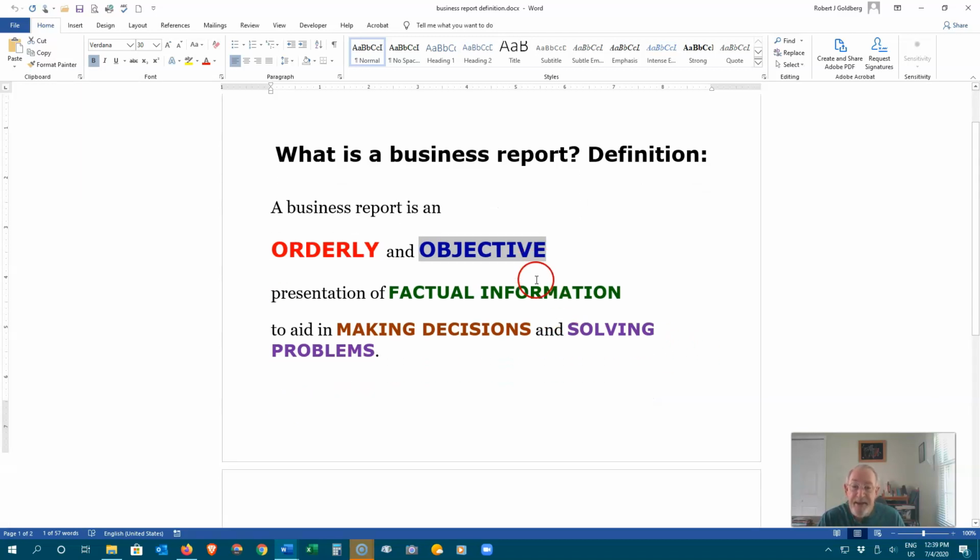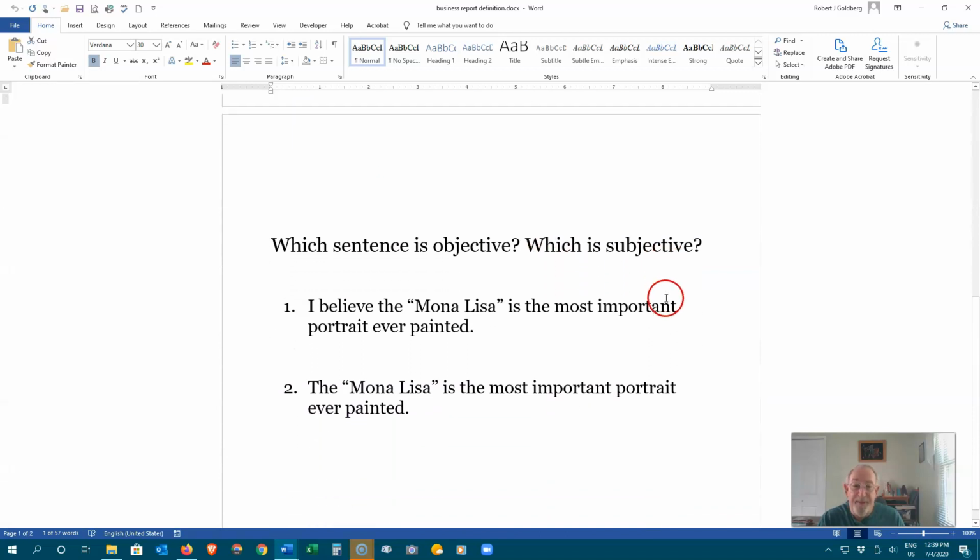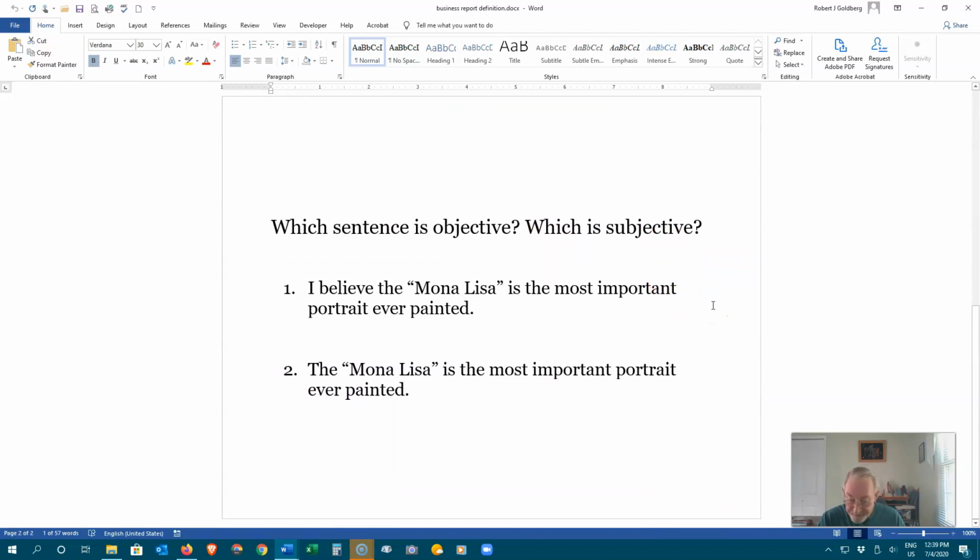Take a look at this example. 2 sentences. 1. I believe the Mona Lisa is the most important portrait ever painted. 2. The Mona Lisa is the most important portrait ever painted. Which sentence is objective? I'll give you a moment.